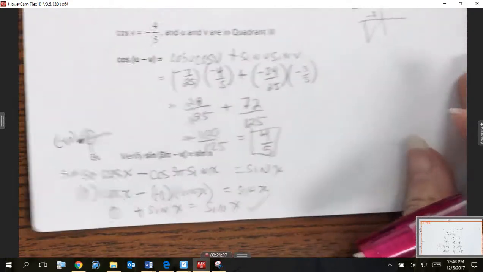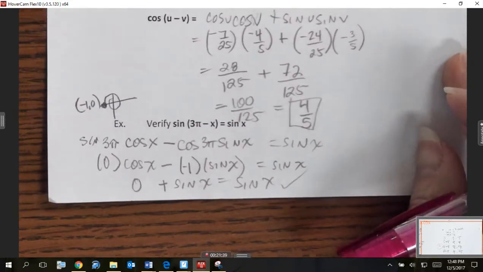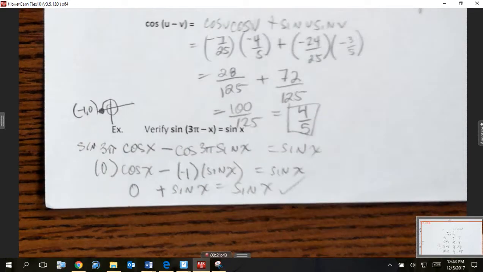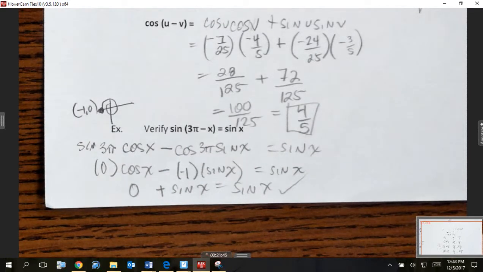I'm done. I'm going to put it up. So what I did was I used the sum or the difference formula, and I pulled out that 3 pi, and then the x as my u and my v. And then from there, for 3 pi, I drew a picture and I found where 3 pi is, the ordered pair negative 1, 0.